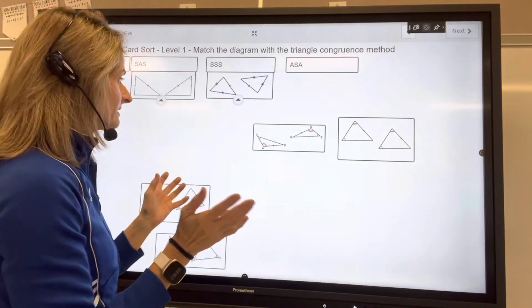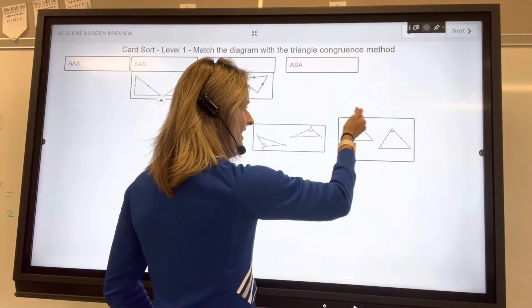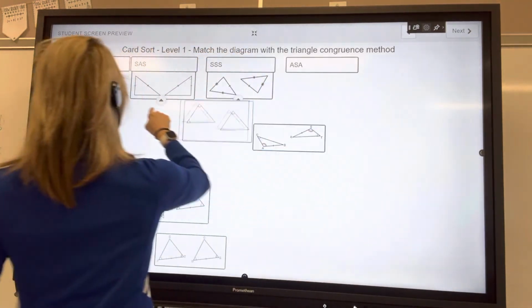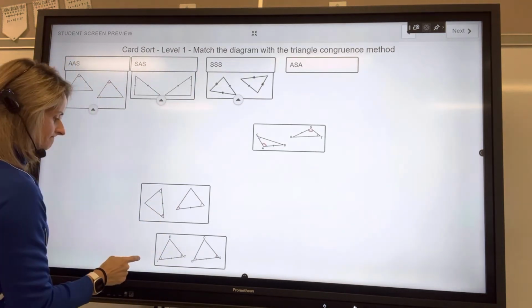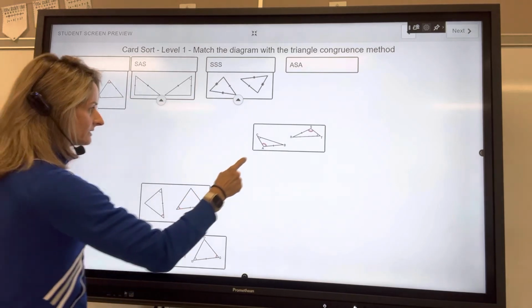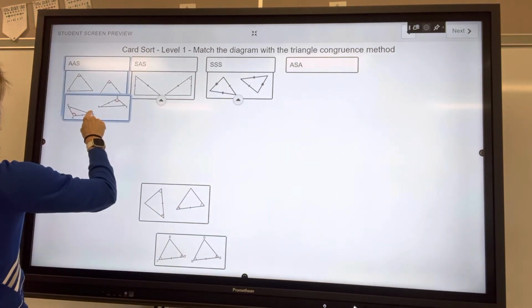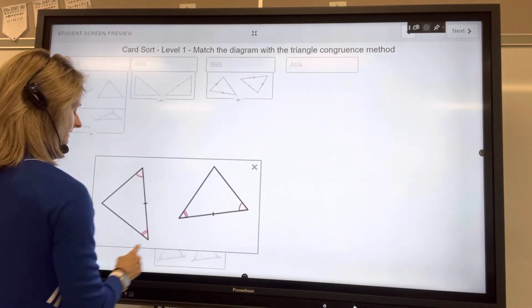So let's see what we can do here. We've got this one. See how the side is on the outside of the 2 angles? That's going to be angle, angle, side. Here, this is on the outside as well. This looks like SAS to me. Wait, no, sorry. That's not SAS.